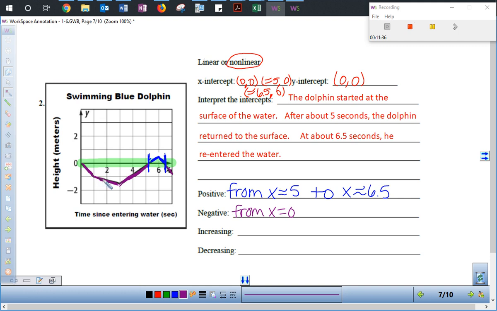And then it's still below, still below. It stops being negative when it crosses that x-axis at that intercept. So it stops being negative at about 5 seconds. And it's also negative right here. So it starts being negative again at about 6.5. And it stops being negative when our graph ends at 7.